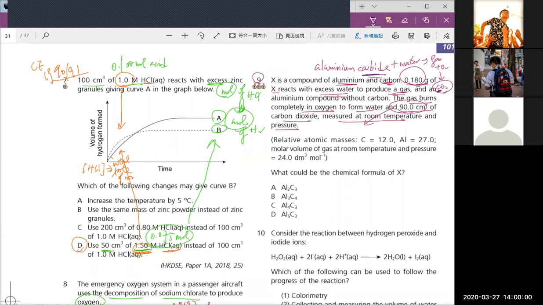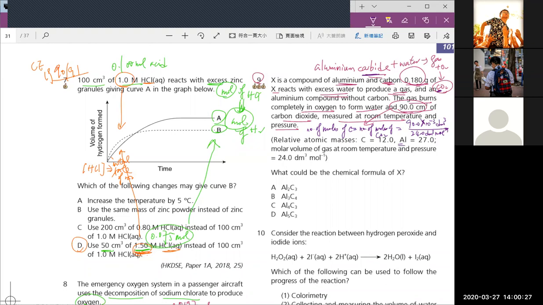So the number of moles of carbon is equal to the number of moles of CO2. It is equal to 90.0 times 10 to the power minus 3 dm cube over 24.0 dm cube per mole.